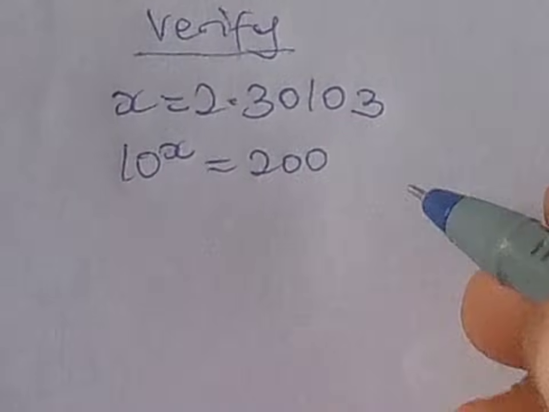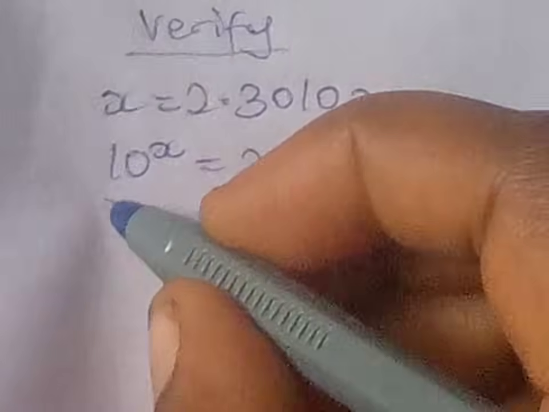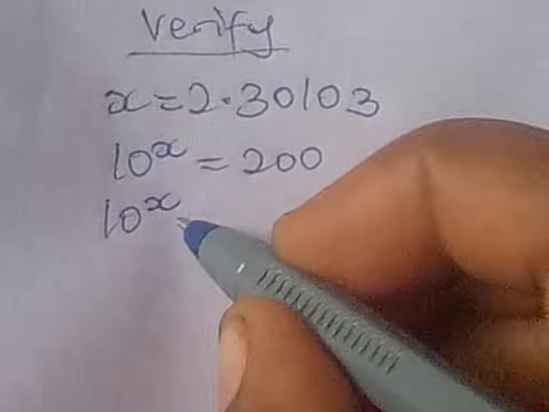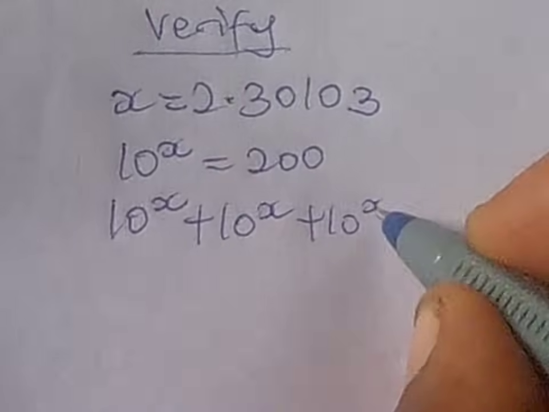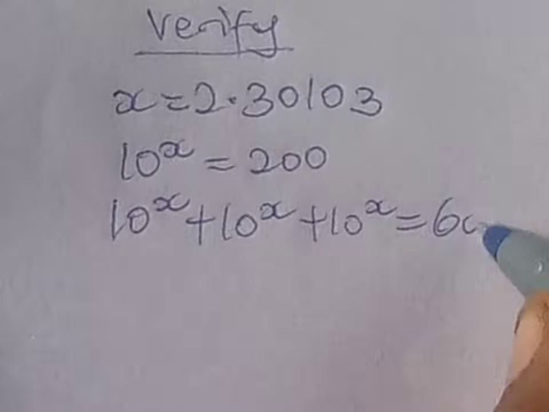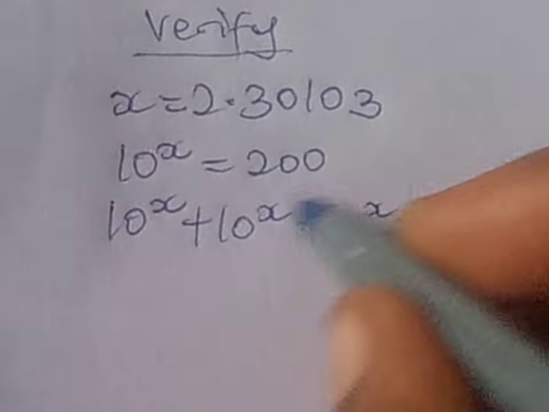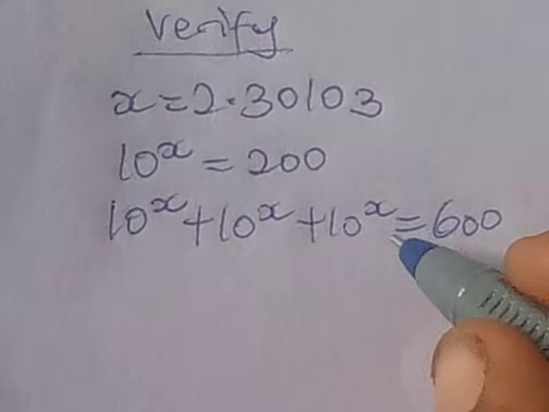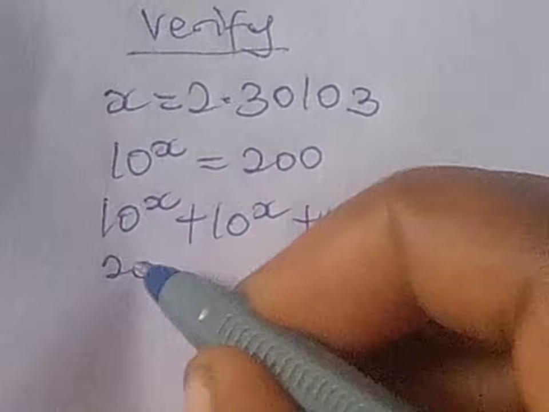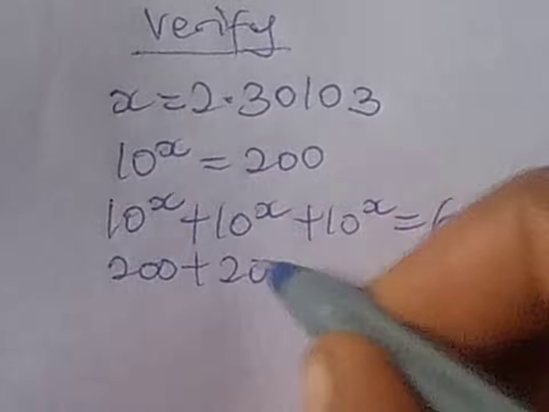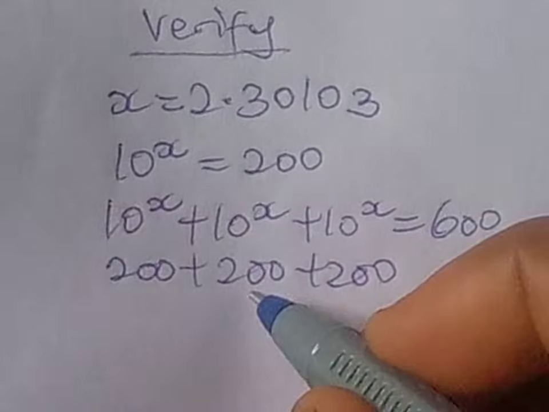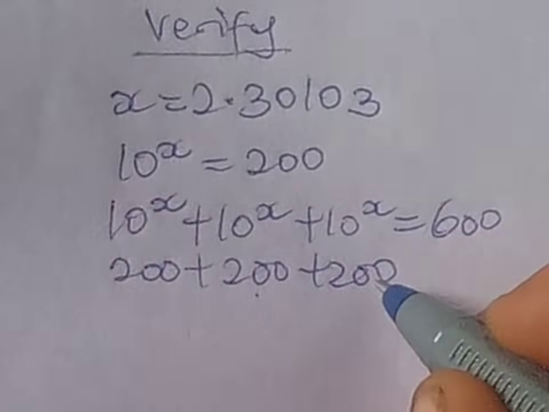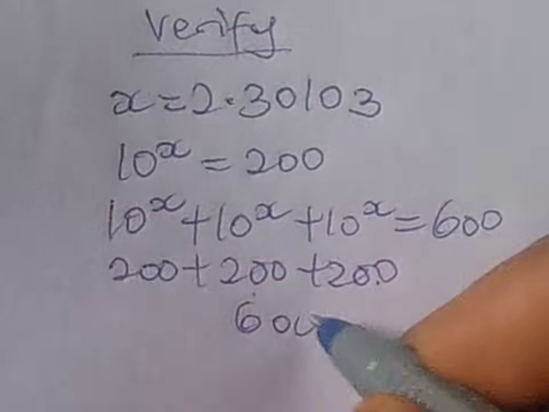That means from our original equation, which says 10^x plus 10^x plus 10^x equals 600, let's substitute this into the equation. That is 200 plus 200 plus 200. 200 plus 200 is 400. 400 plus 200 will also give us 600.